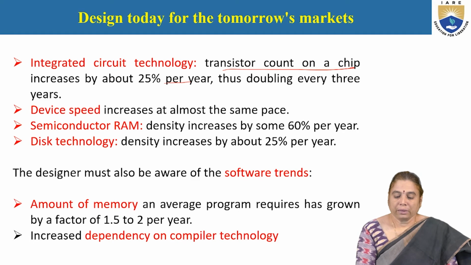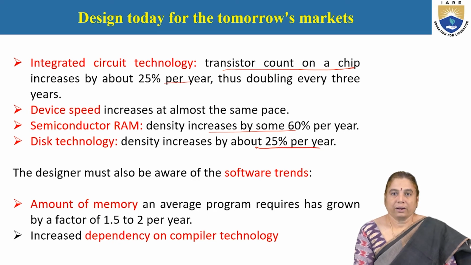Semiconductor RAM increases some 60% per year. Disk technology also increases 25% per year. So these rapid increases and recent trends in hardware and software should be considered by the computer designer.